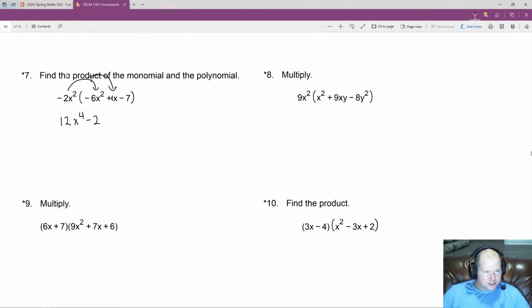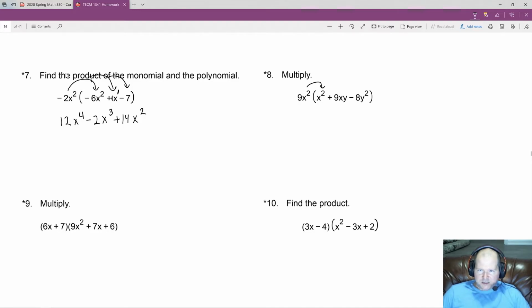Then x squared times x, which is understood to be the first power. 2 plus 1 is 3, so you end up with x to the 3rd power. Then negative 2 times negative 7 gives me a positive 14, and then we just carry on over our x squared.